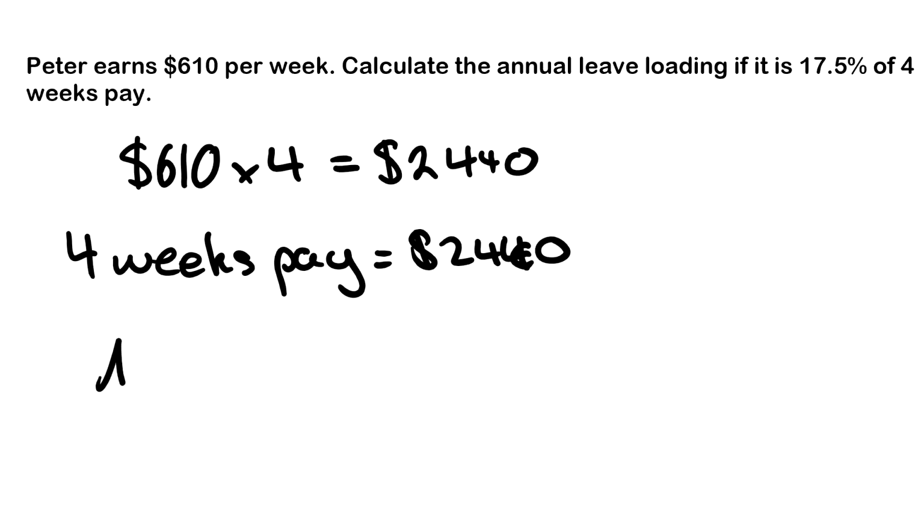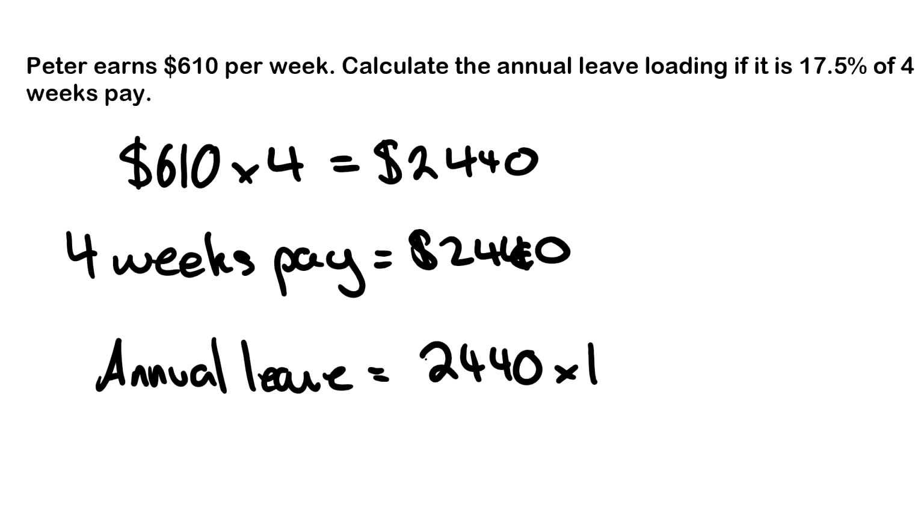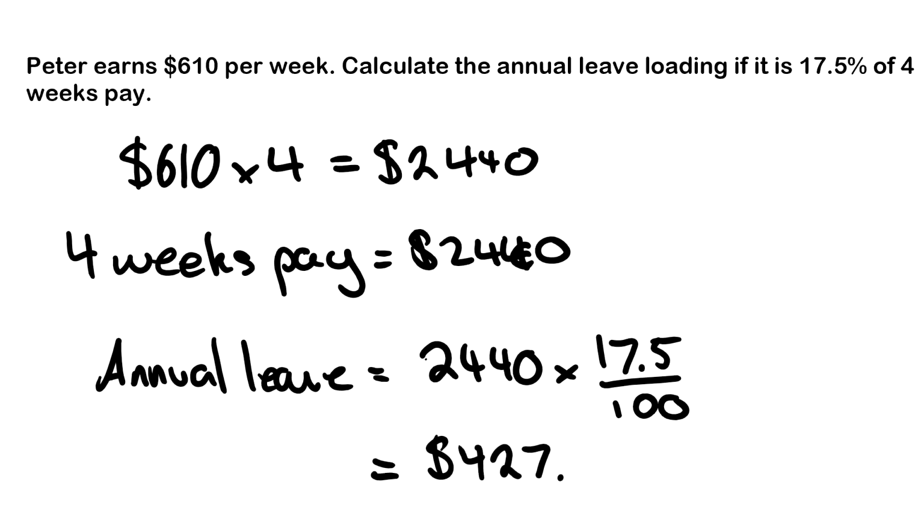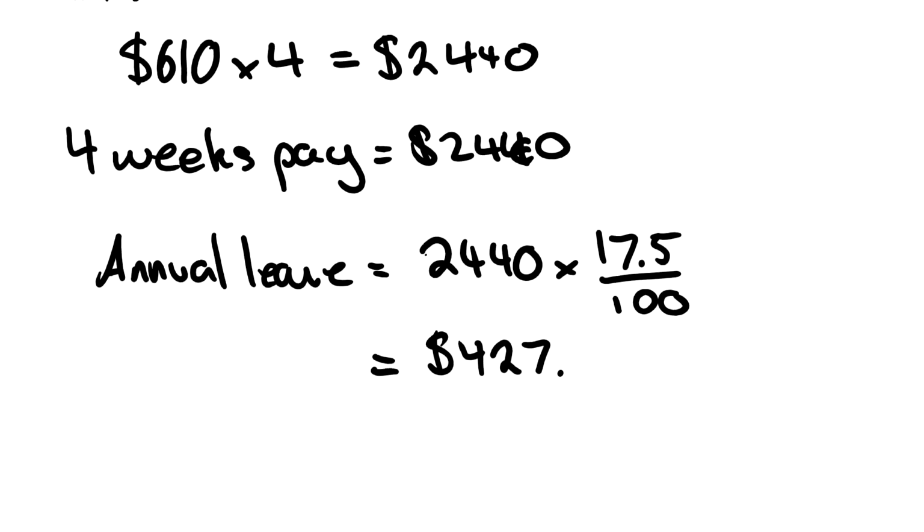So our annual leave is going to be that 2,440 times 17.5 over 100 equals $427. Now, some questions will just say calculate the annual leave, which is what we just did, but some will also say find his pay for the holidays, which means you'd have to add that back on. So make sure you read the question carefully and double check what it's asking you to do.